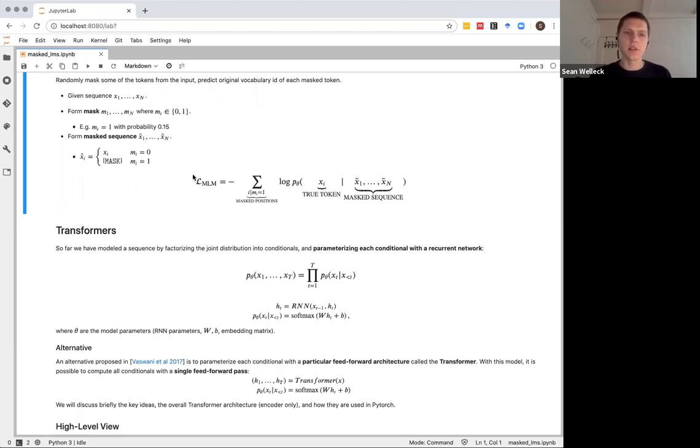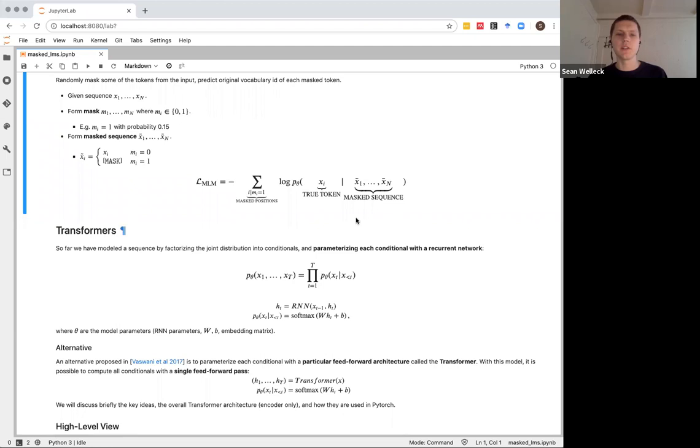And then here's the loss function that you'll use. This is summing over each masked position and then taking the log probability of the true token given the entire masked sequence.